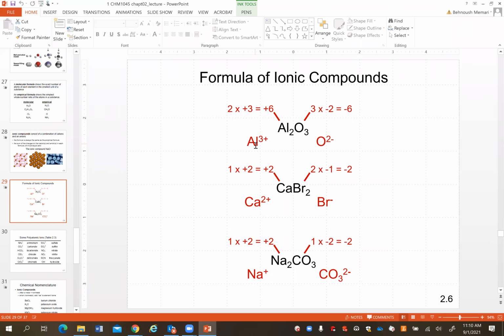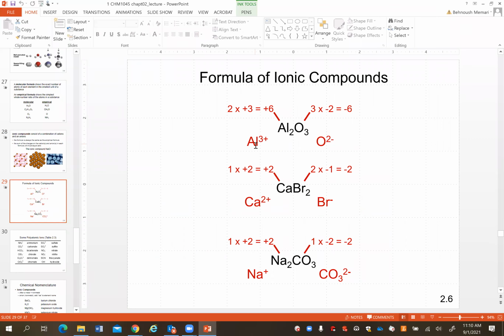We are looking at the aluminum that is circled in the periodic table, and that is neutral. Since it's neutral, the number of electrons equals the number of protons. So I have 13 electrons as well.